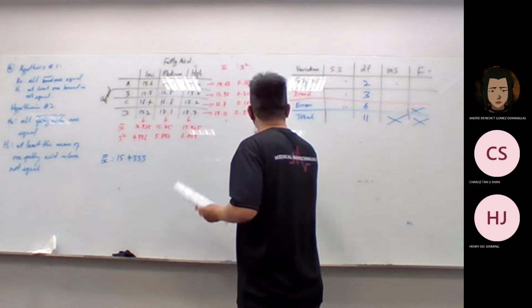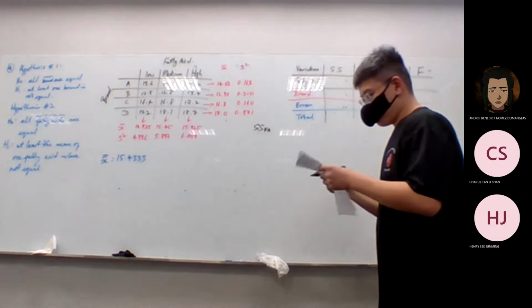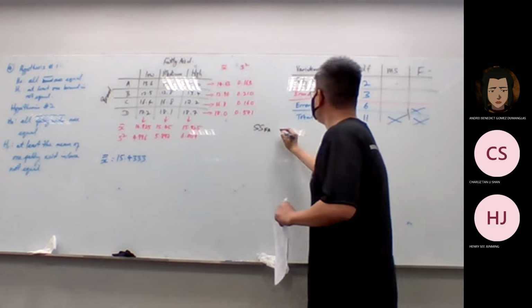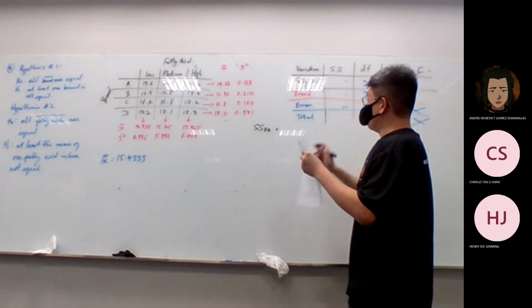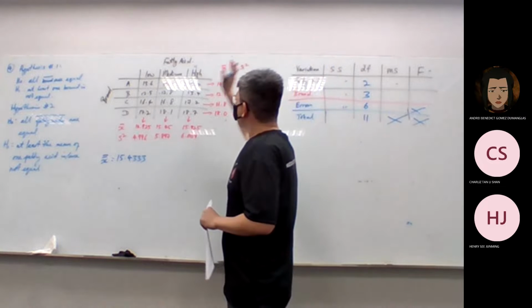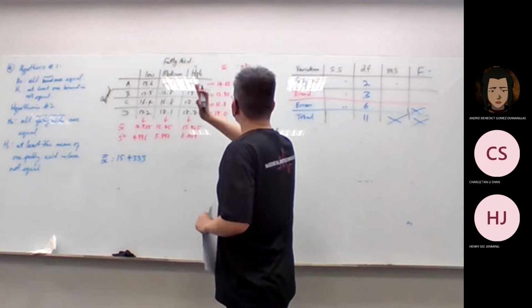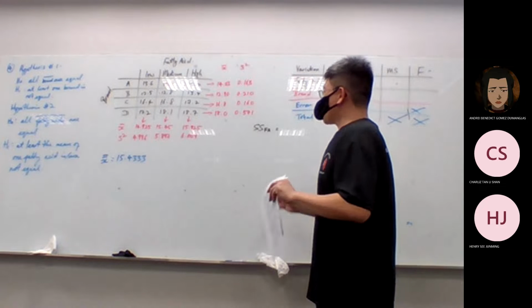Have sum of square for fatty acid. Actually the same calculation, just that a lot more tedious. So now is for fatty acid. You just work everything out.